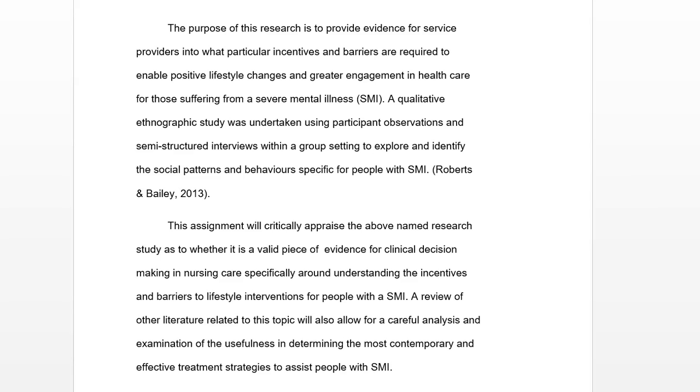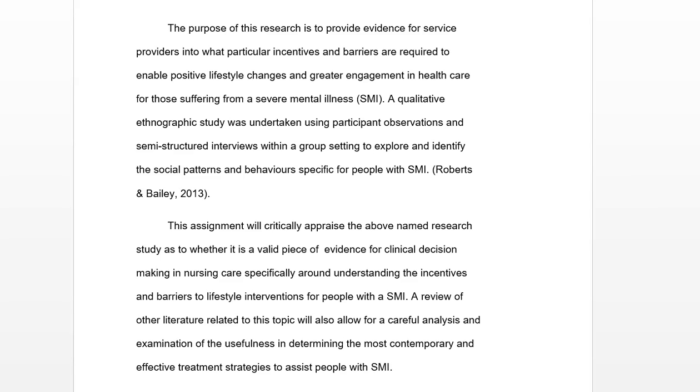Another thing about this particular paper is that the student has fallen into looking at the content more than looking at the structure.